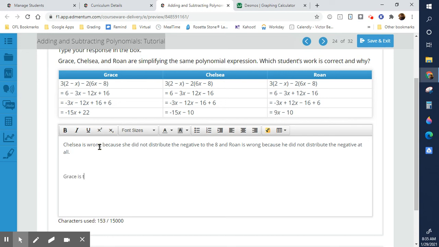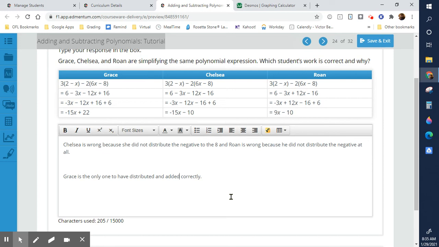Grace is the only one to have distributed correctly and added correctly.